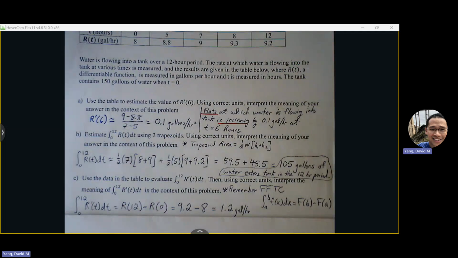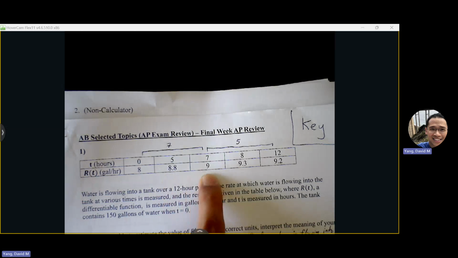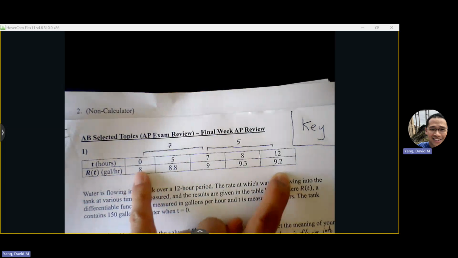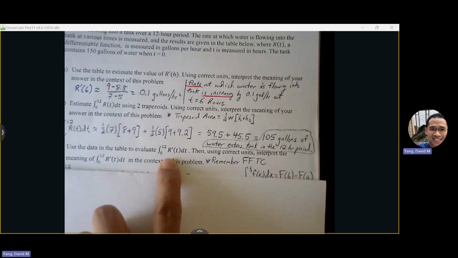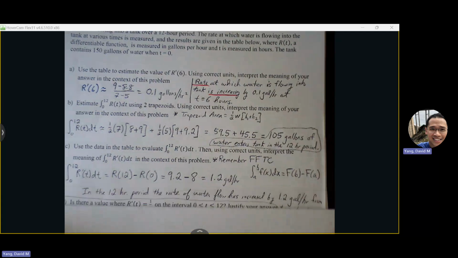So it's kind of like taking that faucet and continually increasing the rate of flow. And we see these numbers increase as well, right? 8 to 8.8 to 9 to 9.3 to 9.2. Over that time interval, we've increased by 1.2 gallons per hour. And that's what this integral is telling us to find.